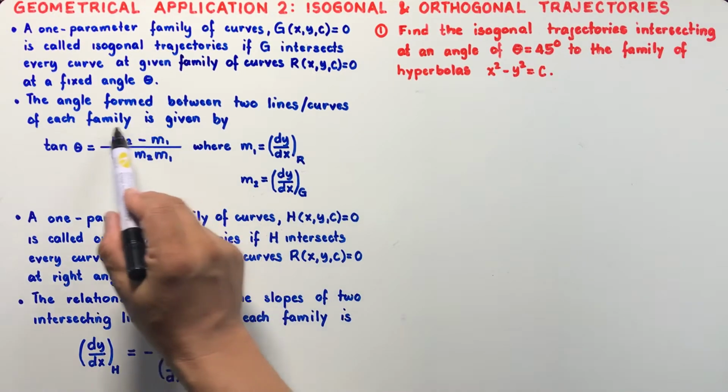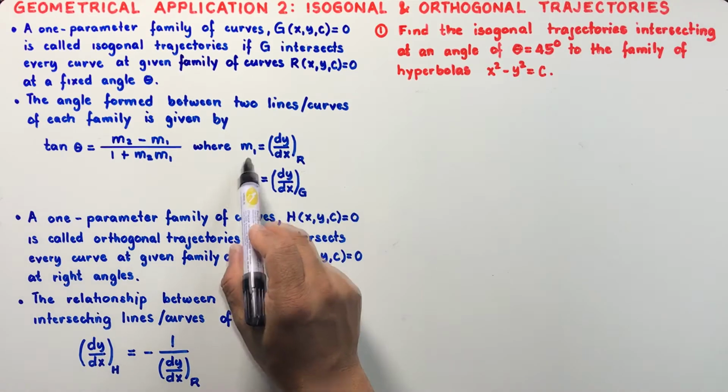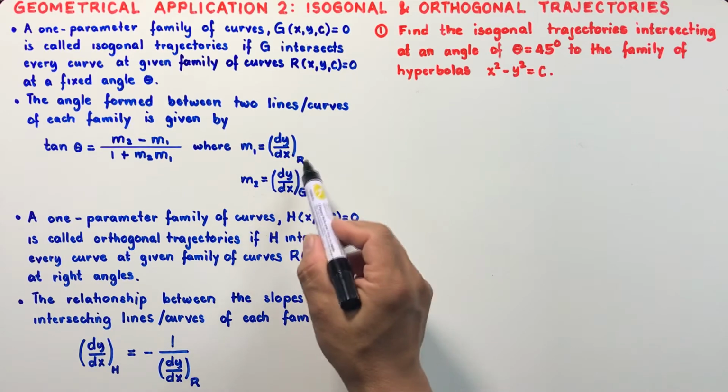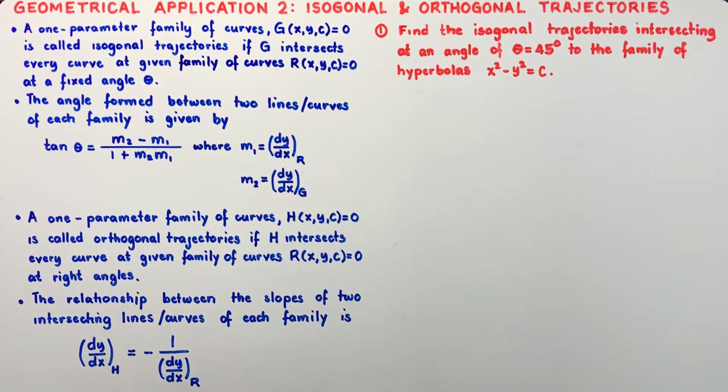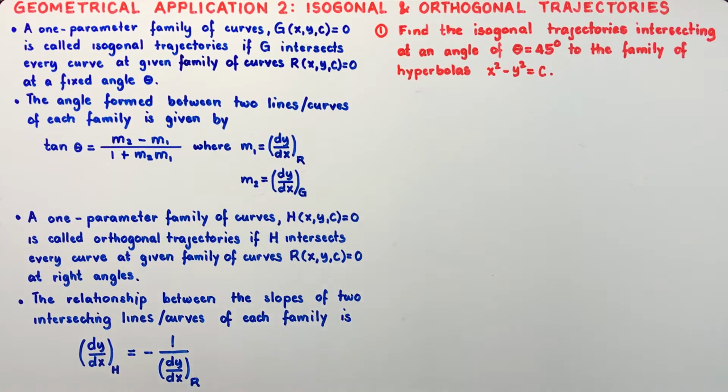Now, these are lines because to find the angle formed between two curves is to find the angle formed by two tangent lines at the point of tangency, where the first slope is the derivative of y with respect to x for the given family of curves r, and the second slope is the first derivative of y with respect to x of our isogonal trajectories to the given family of curves r.